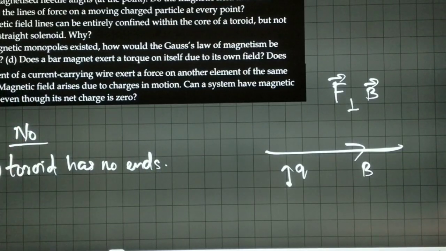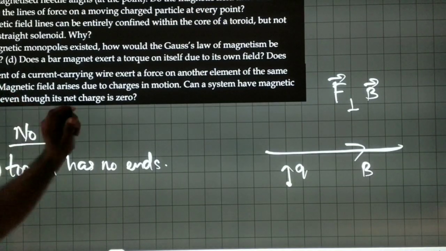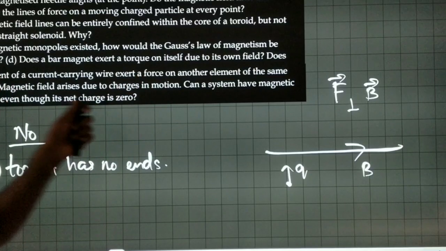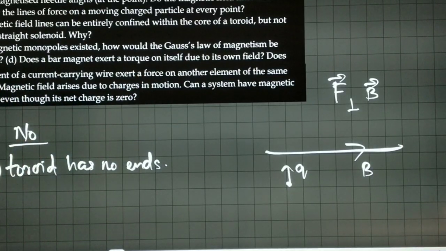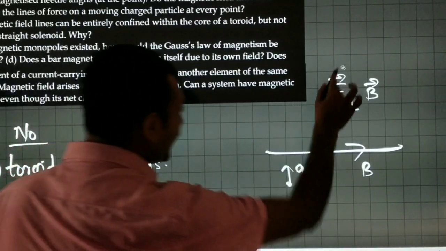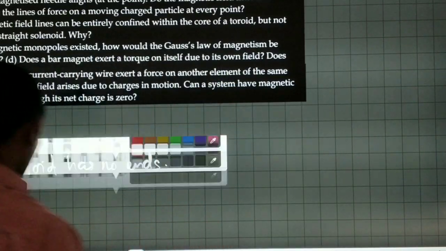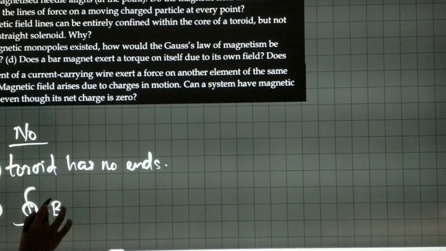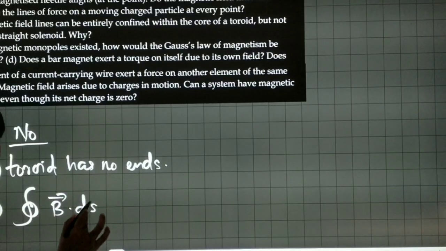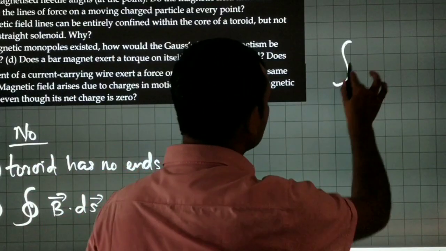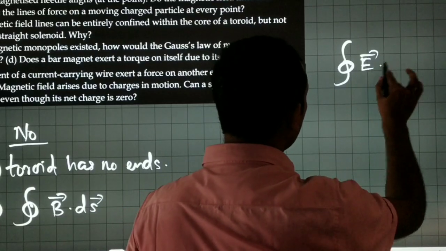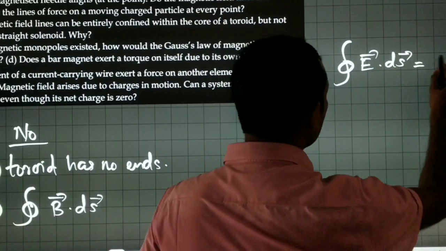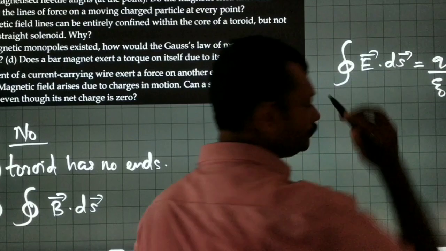Now coming to the third point. If magnetic monopoles existed, how would Gauss's law of magnetism be modified? In that situation, closed integral B dot ds should be equal to something. We know according to Gauss's law, closed integral E dot ds is equal to Q divided by epsilon 0.